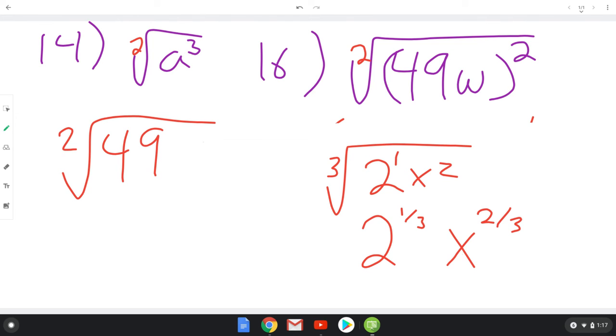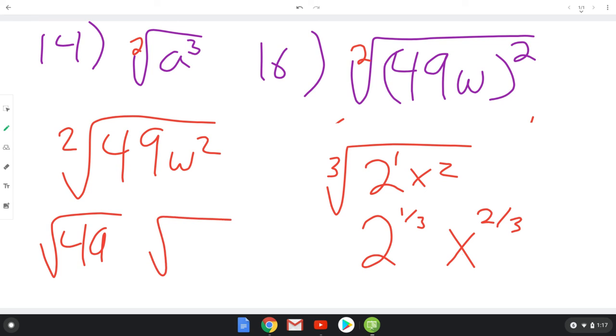So if I'd had 49 w squared, no parentheses, I could have split this up into the square root of 49, square root of w squared. I'm allowed to do that.